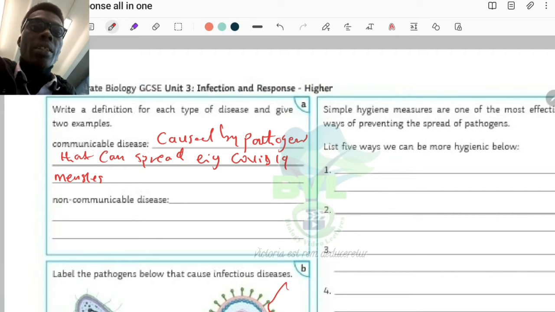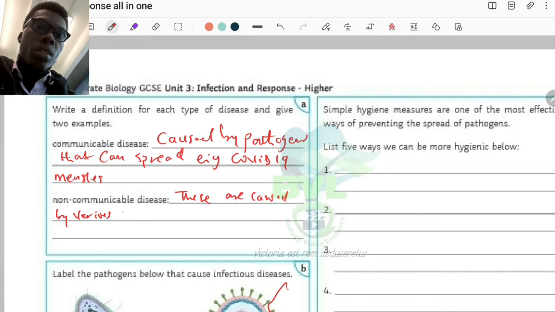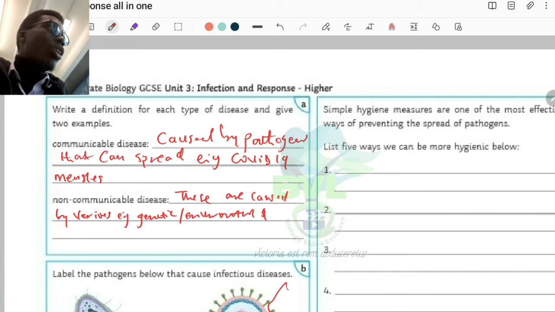All right, the next one says non-communicable disease. These are caused by various factors, e.g., genetic or environmental, and cannot spread.